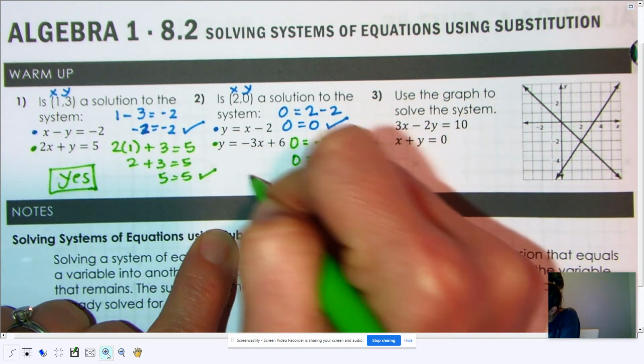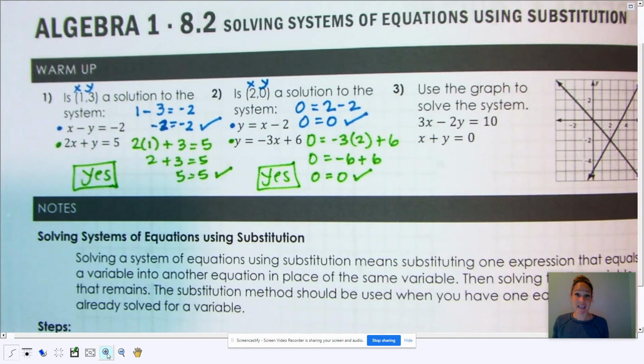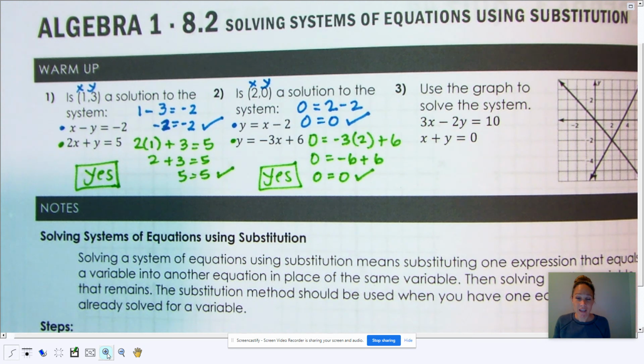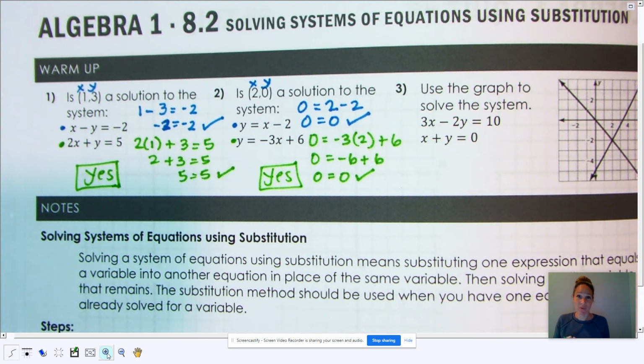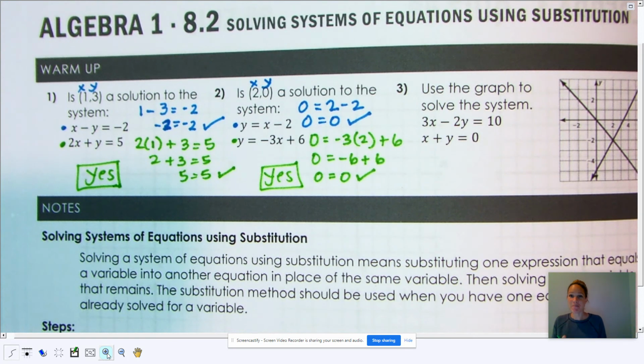That is true, so this one is also a yes. This is a little misleading because there's an infinite number of points that won't work, and there's one point that will work for most systems of equations when you have 2 equations. Anyways, it's not always going to be yes. This time it worked out to be that way for both of them.